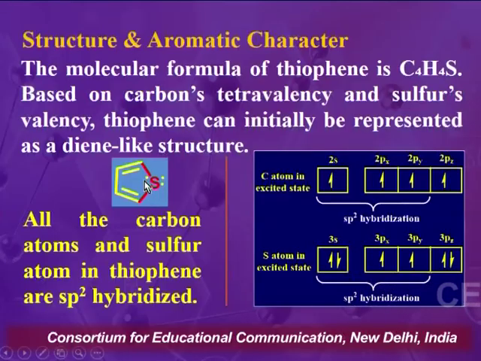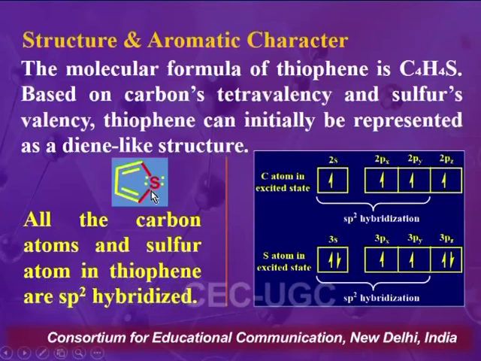So you can see in this structure that the yellow part of this molecule represents a diene-like system, and in this system all the carbon atoms and sulfur atom are sp2 hybrid. So now we are going to prove that this molecule is aromatic in nature.